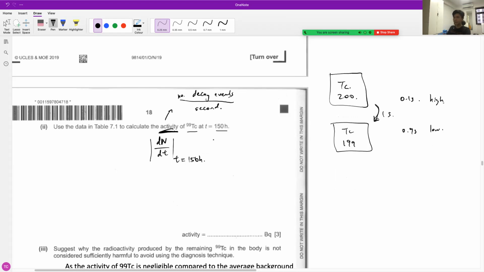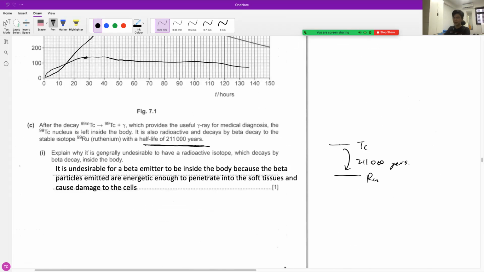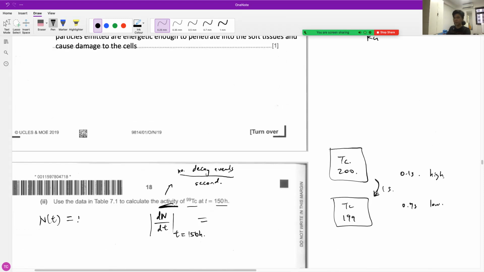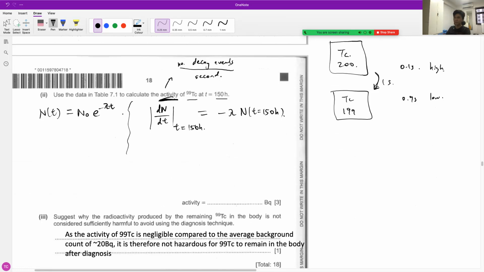So how do you calculate it? Given we know the function N(t) follows this pattern, if you differentiate it, you're going to get the answer equal to minus lambda times N0 e to the power of minus lambda times 150 hours.